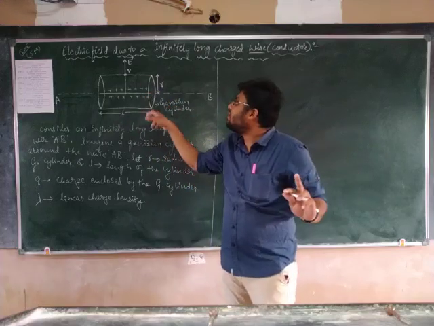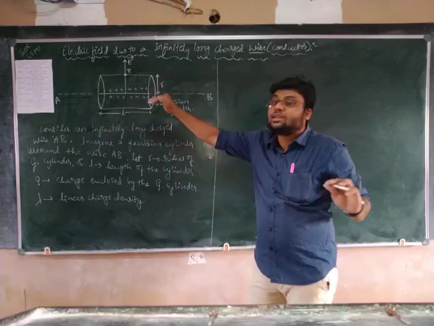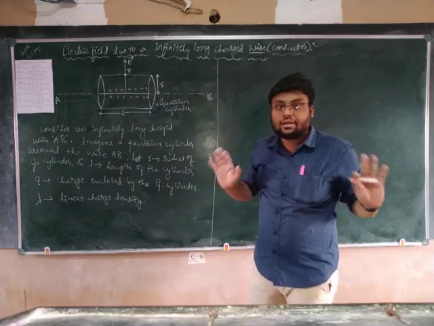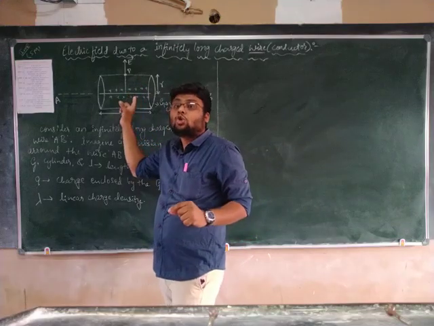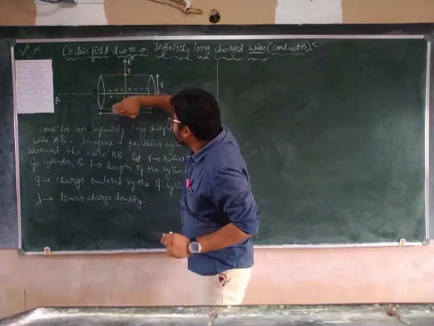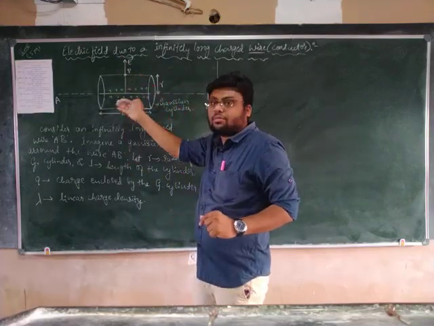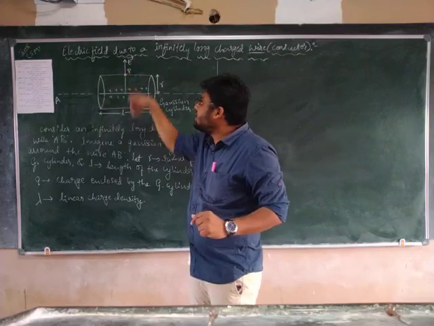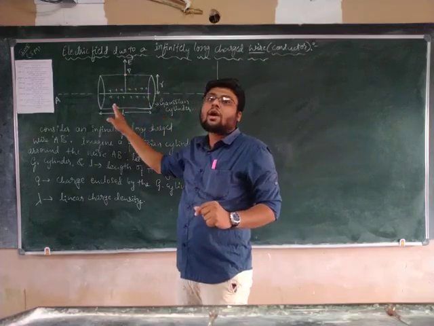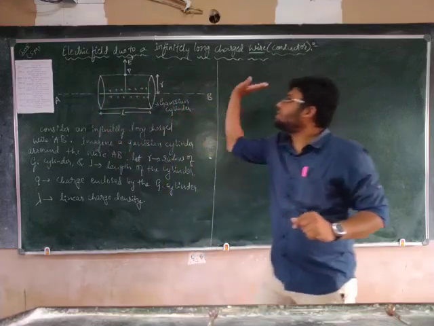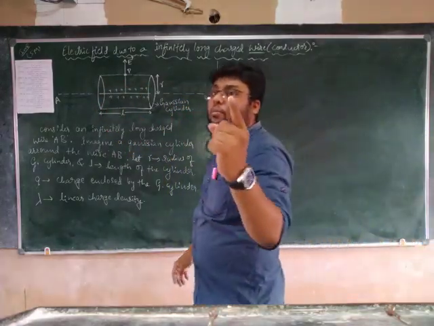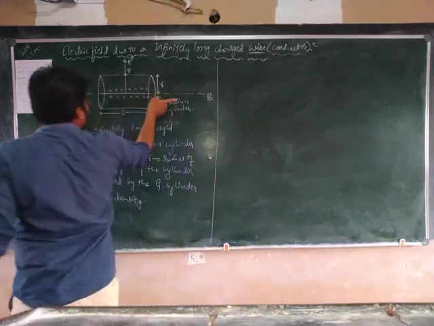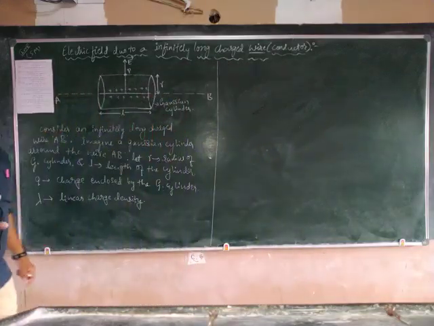Is it clear? Then we are going to have the electric flux through only the curved surface. Imagine the three-dimensional diagram. Only through the curved surface. We are not going to have any electric flux through the end faces because we don't have any component of the electric field through these end faces. Is it clear?